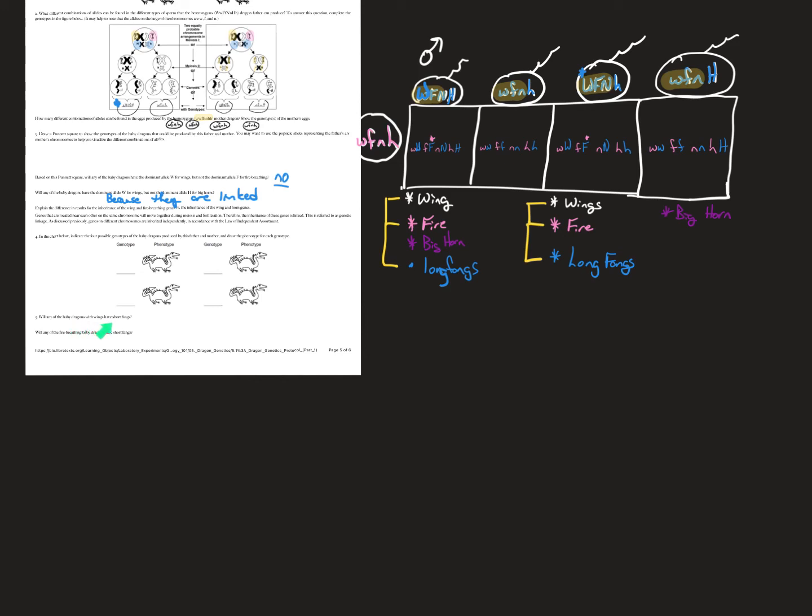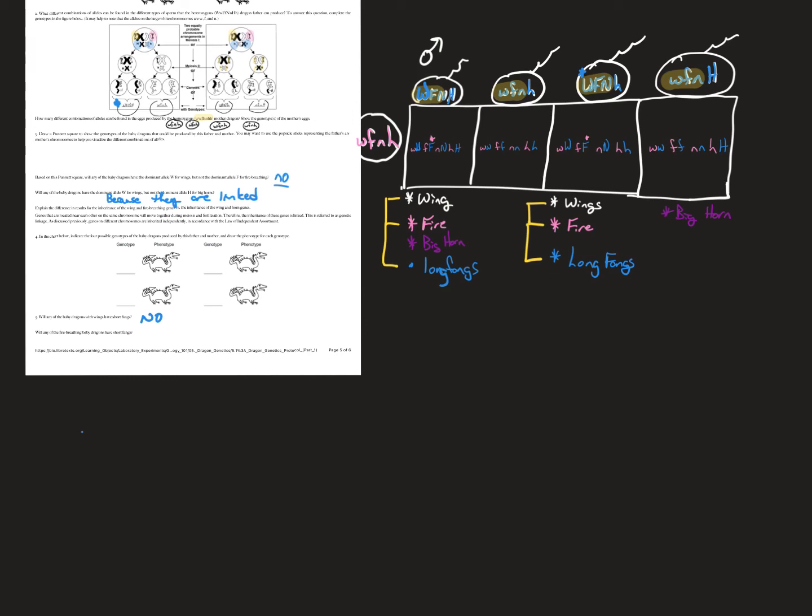Will any of the baby dragons with wings have short fangs? Wings with short fangs? No. Why? Because those genes are linked. Will any of the fire-breathing dragons have short fangs? No. Why?